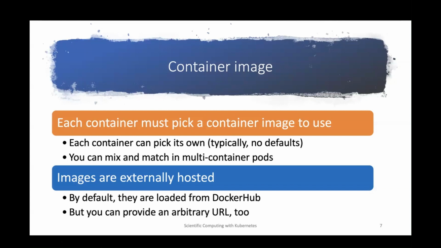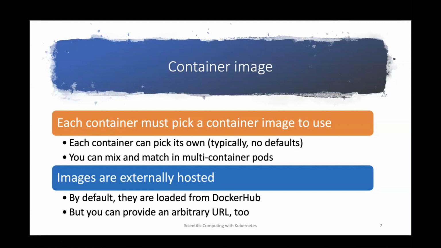You specify the container with all the software you want when you create your pod, which you can think of conceptually as a job in a batch system. And if your pod has multiple containers, each container can have a different image too. So you can mix and match. And sometimes that's convenient, although don't abuse it. It's easy to shoot yourself in the foot.